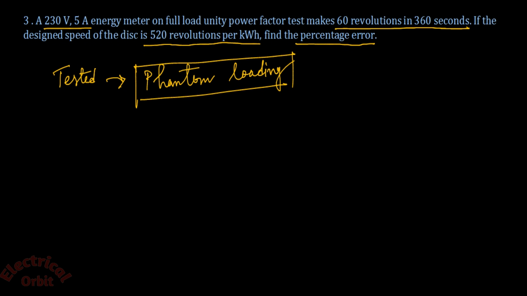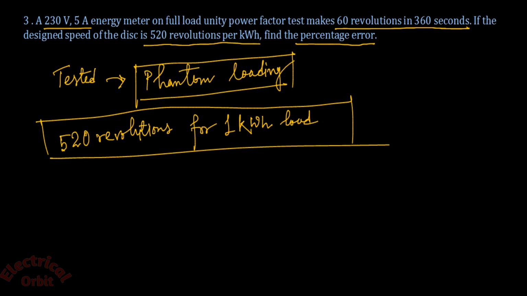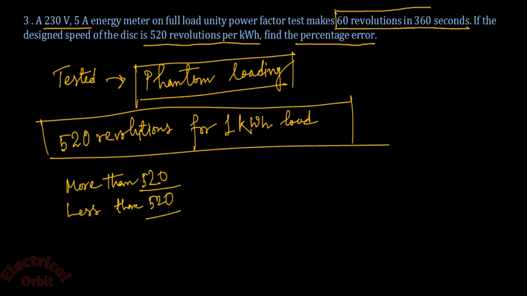Clear? As per the maker's design, the meter should revolve 520 revolutions for 1 kilowatt hour load. So will it have 520 revolutions, or more than 520, or less than 520 in 1 hour? That needs to be determined by seeing these 60 revolutions in 360 seconds.